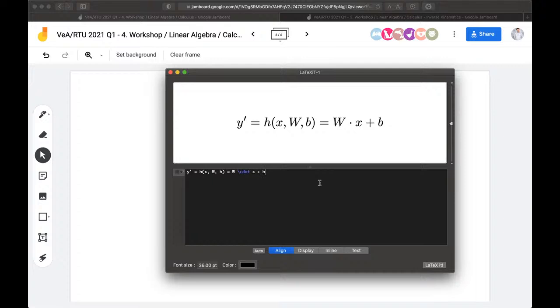But this is not yet everything. I think it would be nicer if we somehow make this model a little bit smarter by applying some extra functions.